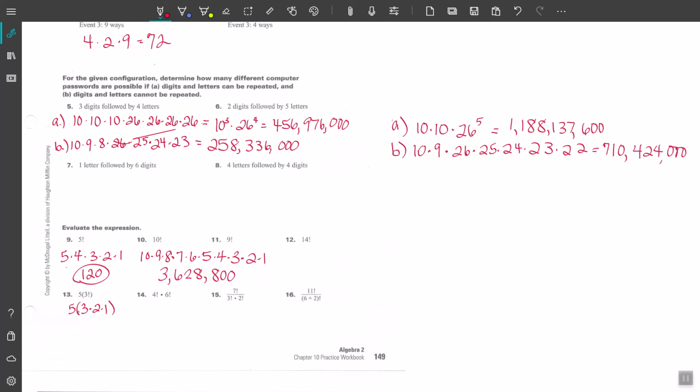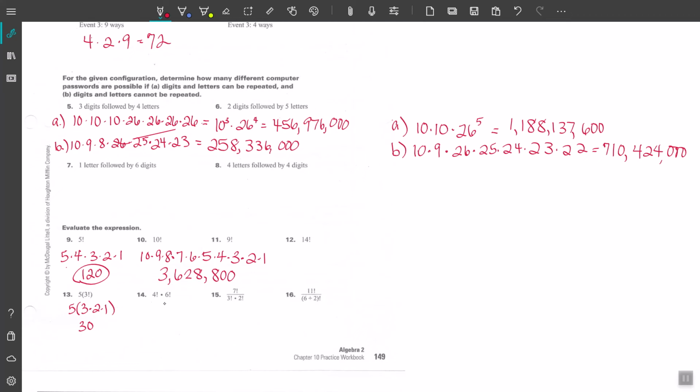That will be 6 from the parentheses times that 5 will give me 30. If I did 15 factorial, I would get a very, very large number. So make sure you follow your order of operations. Even though we're not writing 3 times 2 times 1 in the parentheses, that's what's in there, and you know you have to take care of parentheses before you do anything else, according to your order of operations.